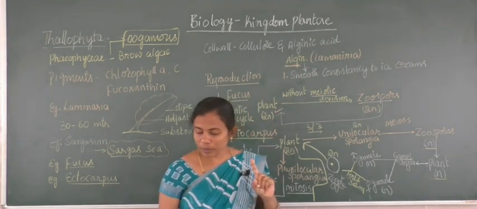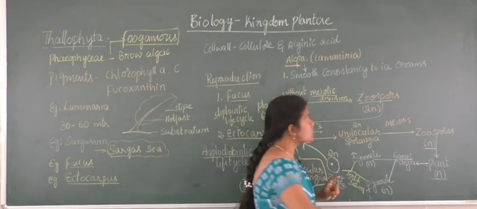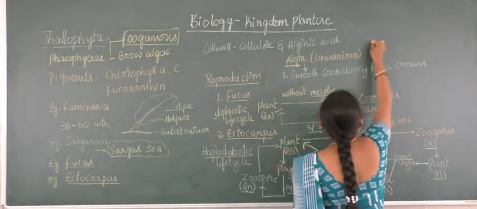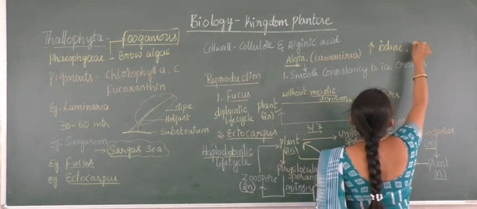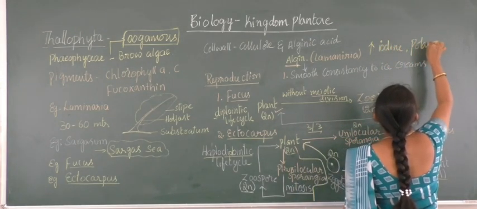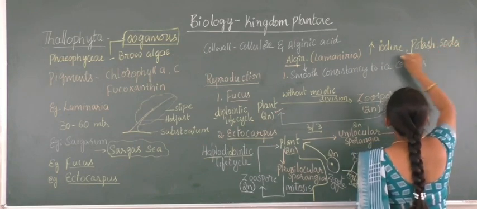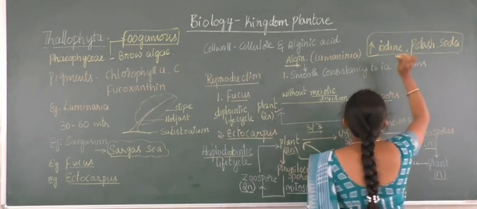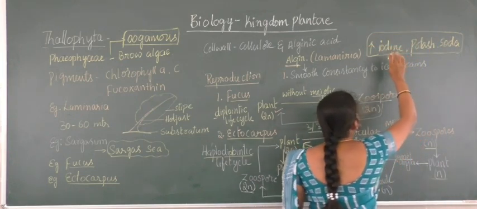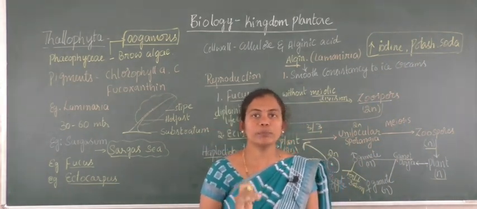One more economic importance of Laminaria is that it consists of a higher concentration of iodine, potash and soda. These three different chemicals are present in higher concentration. So Laminaria can be used for the treatment of simple goiter.